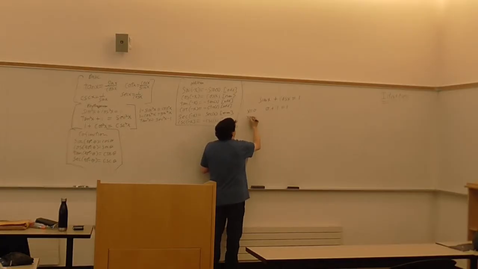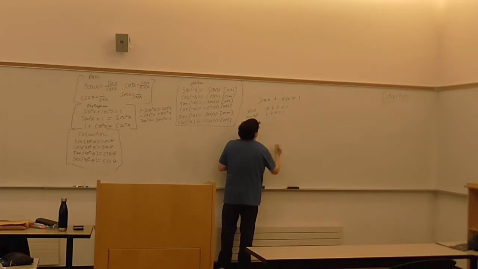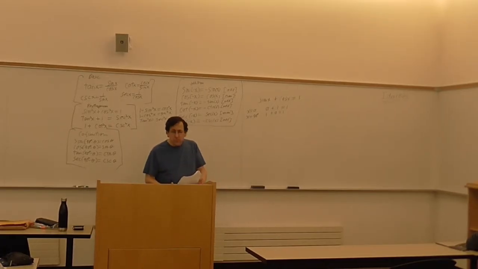And let's just try something else simple. Let's try 90 degrees. Well, that would be sine of x is 1 plus cosine of 90 is 0. So at least on the surface it might look plausible. But of course this is not true.